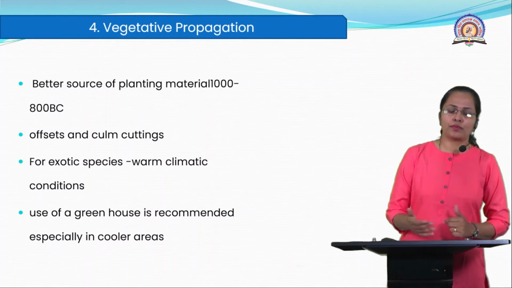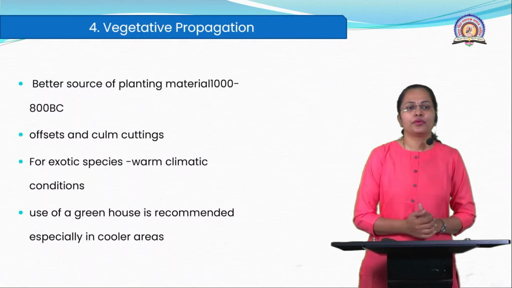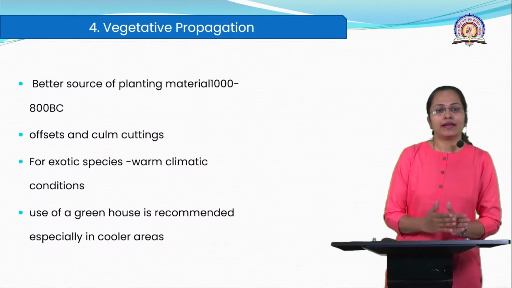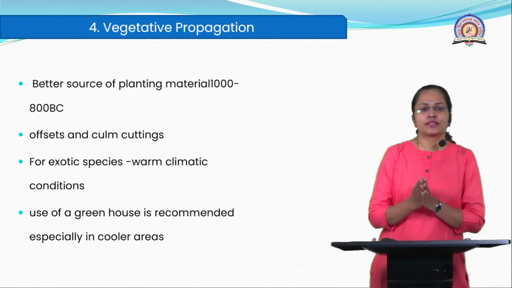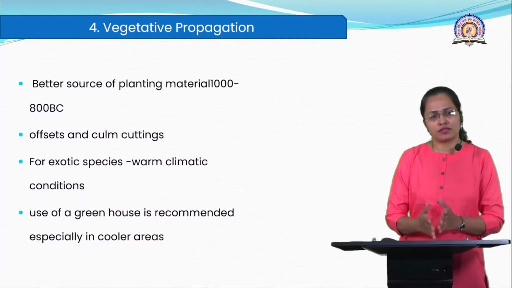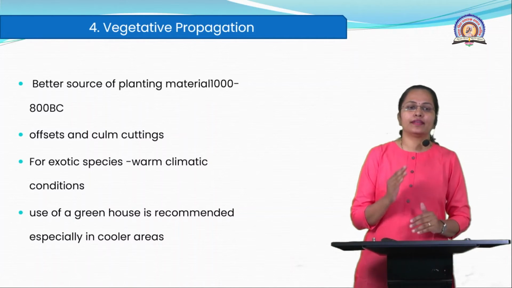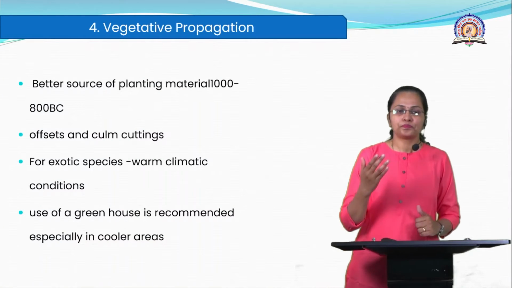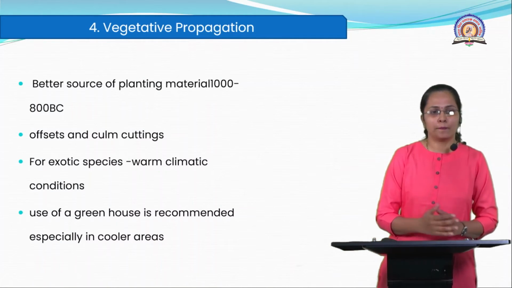This vegetative propagation can be achieved by using offsets, which we have just seen, and by simple stem cutting. The clump can be referred to as a stem or shoot, and simple cutting of this clump has the ability to produce a plantlet.